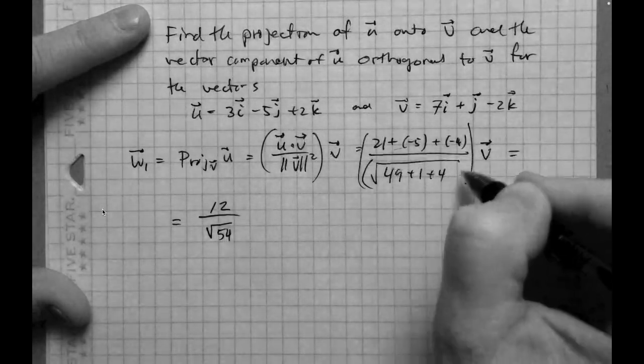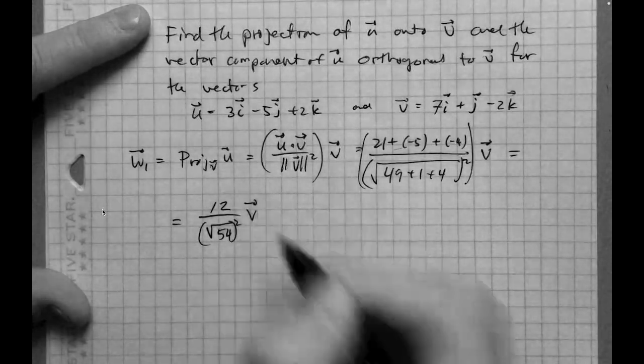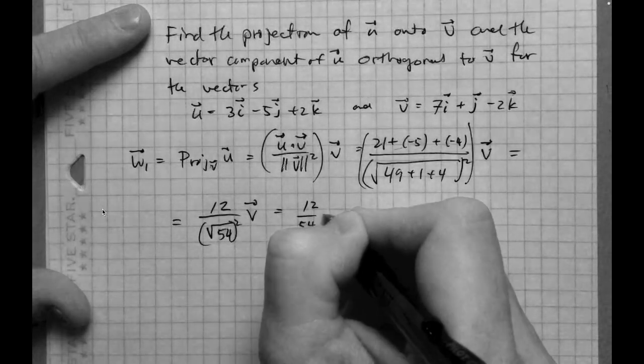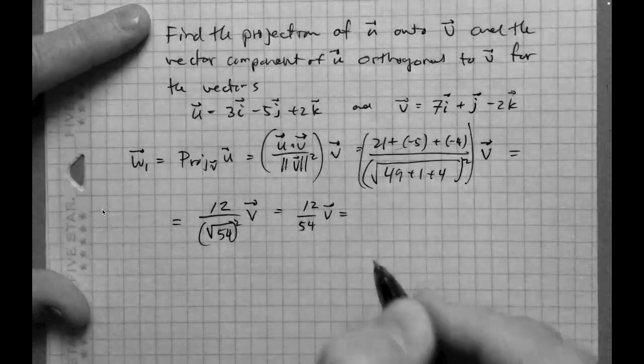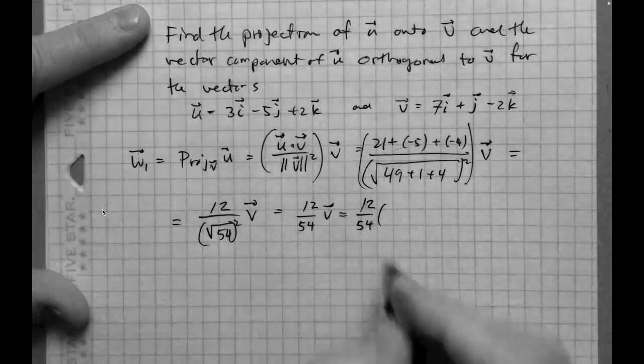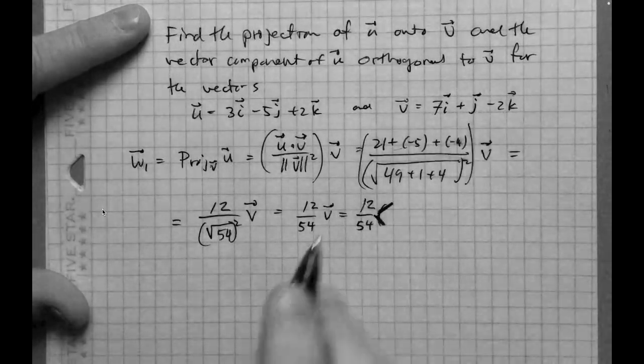Oh, but that's squared. Let's not forget that. Sorry. And then that needs to be multiplied with v. And so it's really 12 over 54 times v. So 12 over 54 times the vector v, which is 7, 1, negative 2.